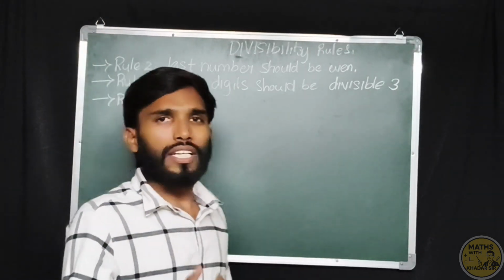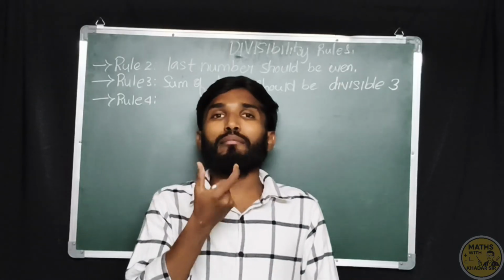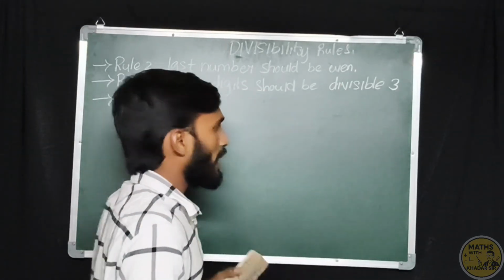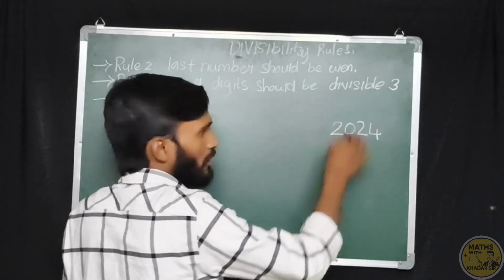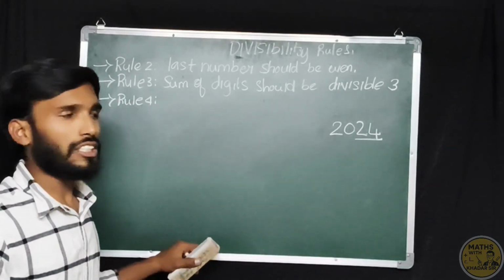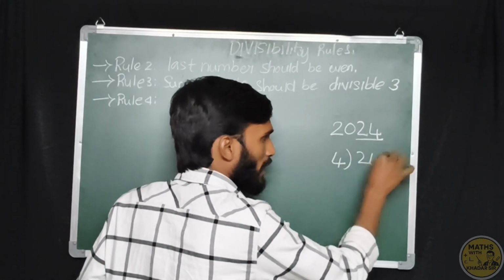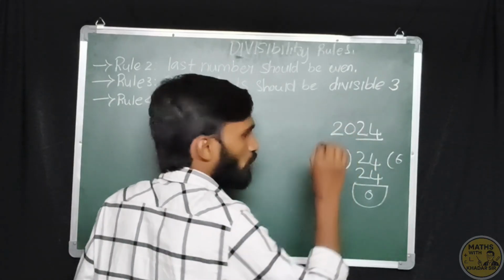Now come to the divisibility rule of 4. What is the divisibility rule of 4? It is also easy. Nothing but in a number, the last two digits should be divisible by 4. For example, I am taking the number 2024. Here, see what are the last two digits? 24. Now you know that 4 times 6 is 24.